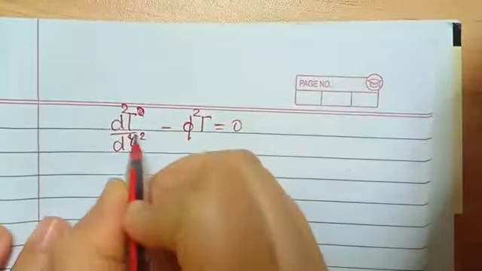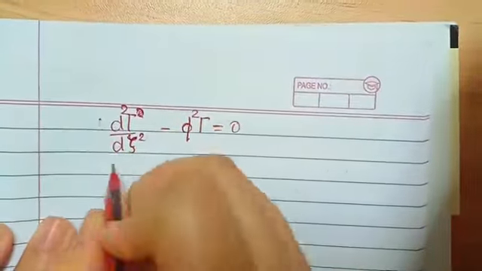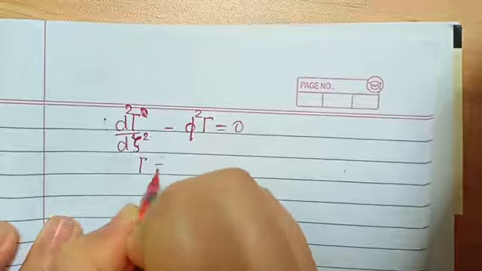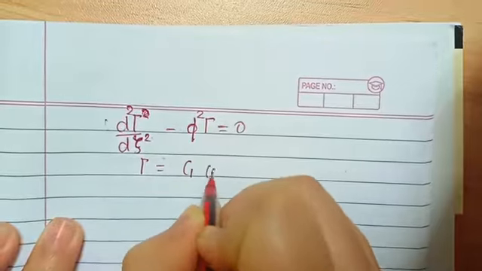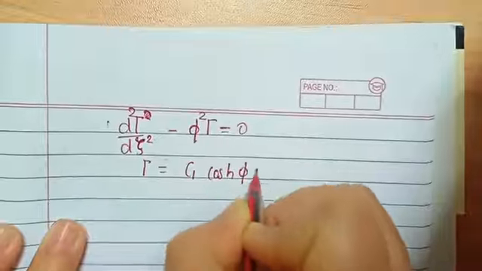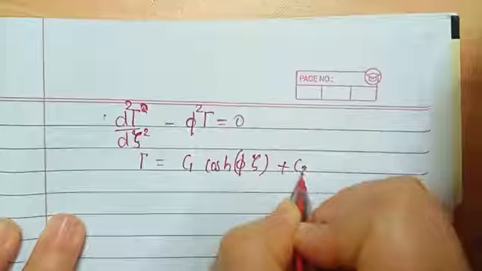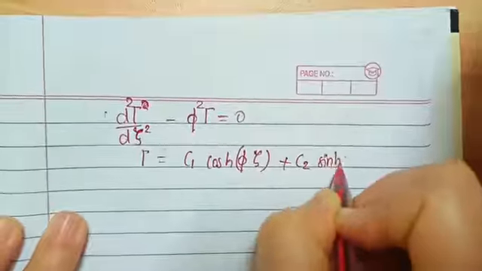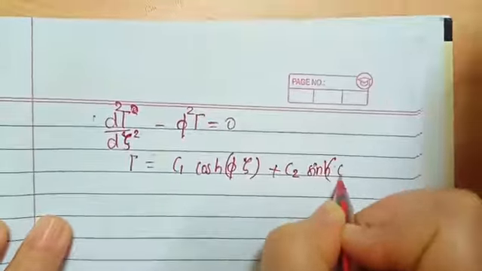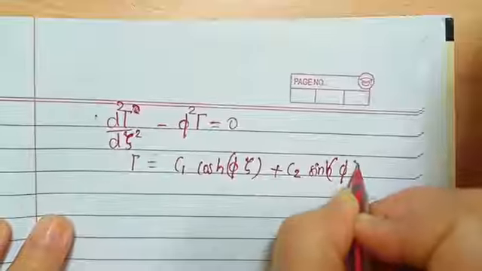The general solution of this equation is gamma is equal to C1 cosh phi zeta plus C2 into sinh in bracket phi zeta.